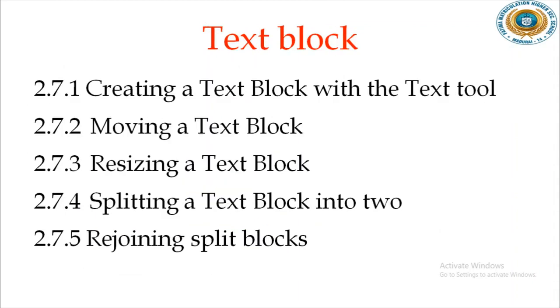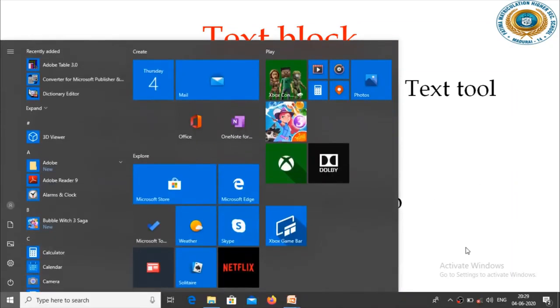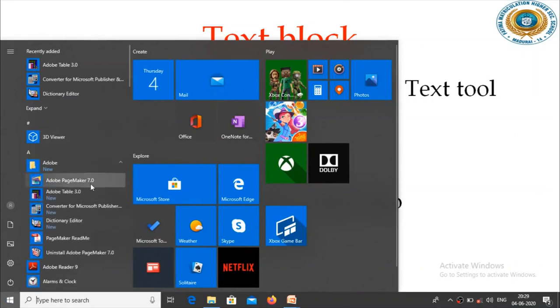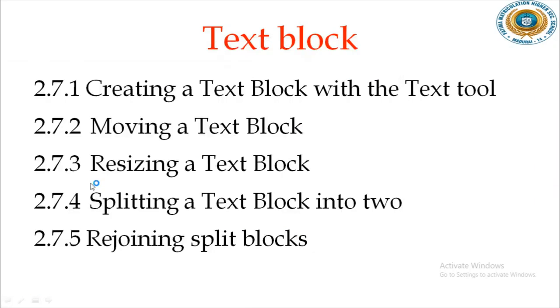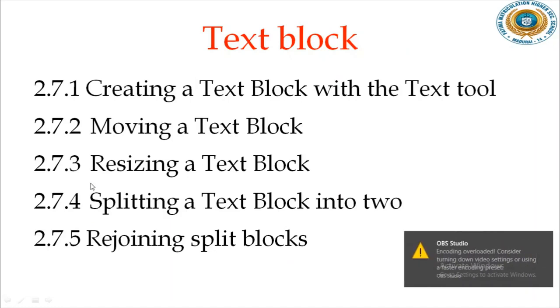Okay, under text block, creating a text block with a text tool, we looked at the first option. How to do that? For that we have to open the Adobe PageMaker window. I click the start button, all programs, Adobe PageMaker 7.0. If you click it, you will get the Adobe PageMaker window.